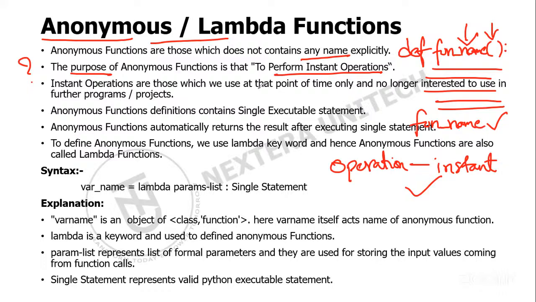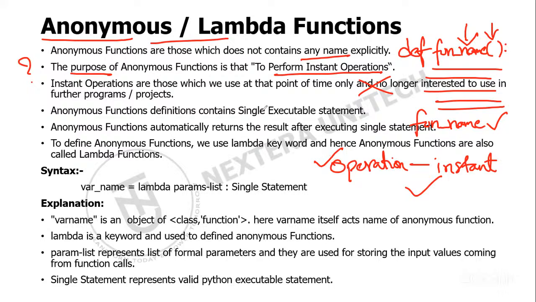And post completing the operation, we generally don't use these anonymous functions. No longer are we interested in using them. Just at that moment, at that point of time, we use an anonymous function or lambda function to complete an operation. That's it.